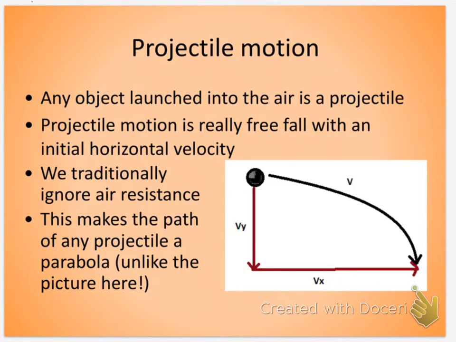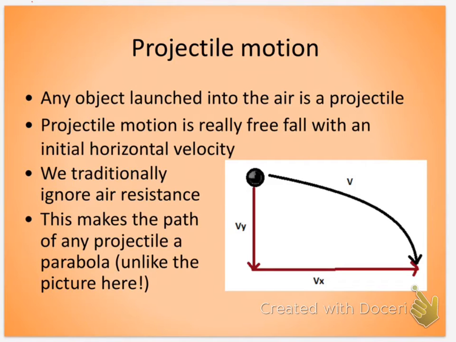At this level of physics, we ignore air resistance. Go on to a college engineering program, you will no longer get that luxury. But for now, we can ignore air resistance. And so what we get are perfect parabolic pathways. My drawing is not perfect, but if we ignore air resistance, we get these very nice parabolas with very little distortion.